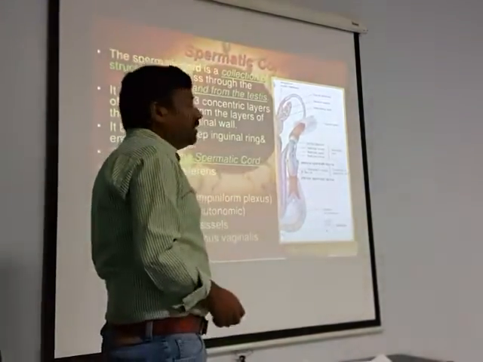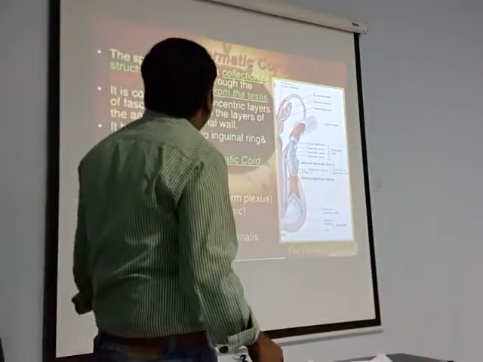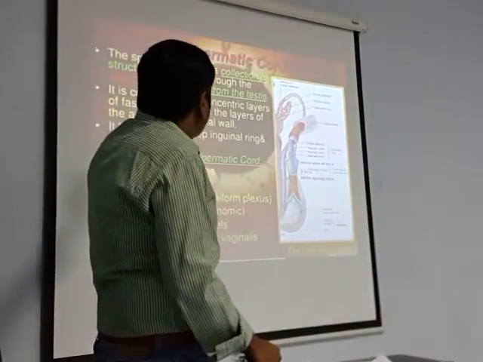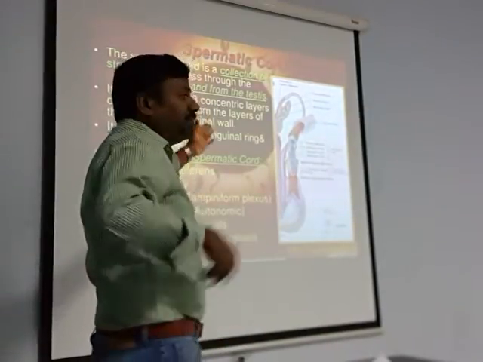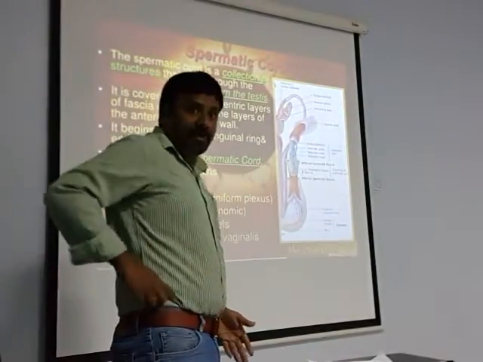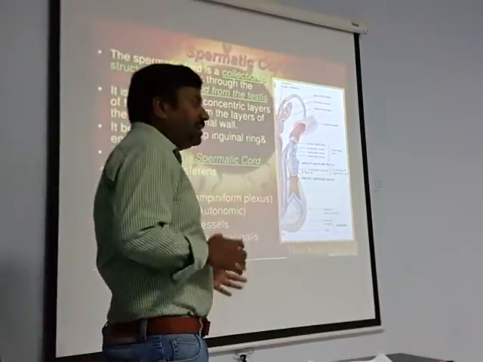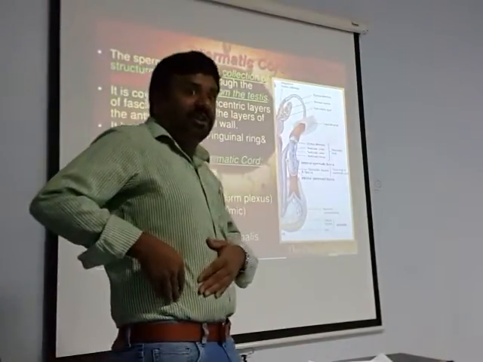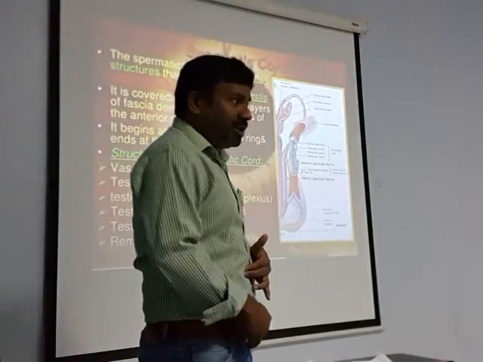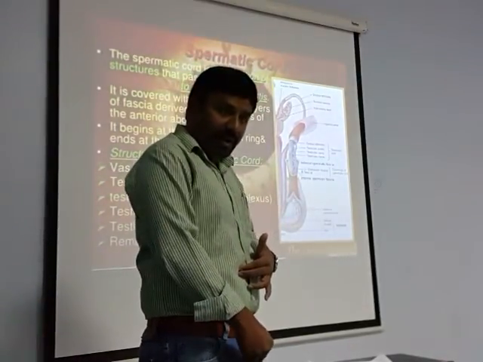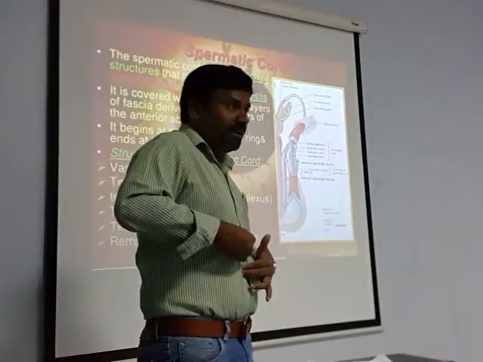So now coming to the spermatic cord. What is the spermatic cord? The spermatic cord is a collection of structures that pass through the inguinal canal to and from the testis. These connect to the testis, like the testicular artery, which is a branch from the abdominal aorta. It has to reach the testis. Testicular veins drain blood from the testis, going to the inferior vena cava.